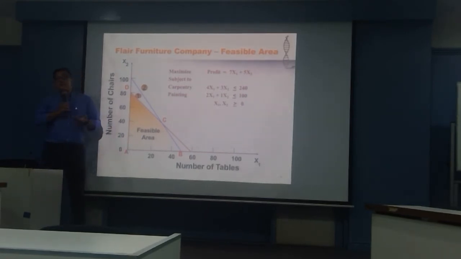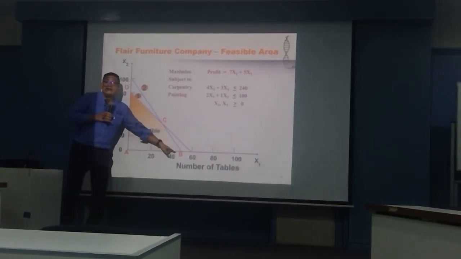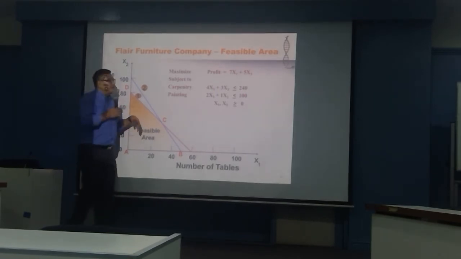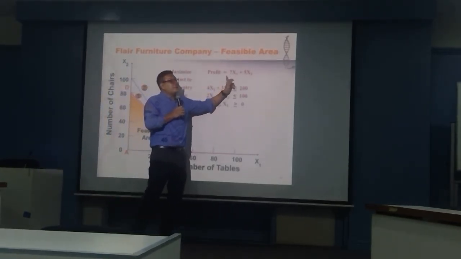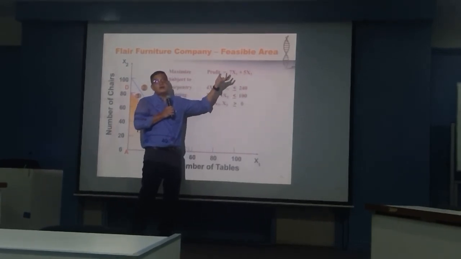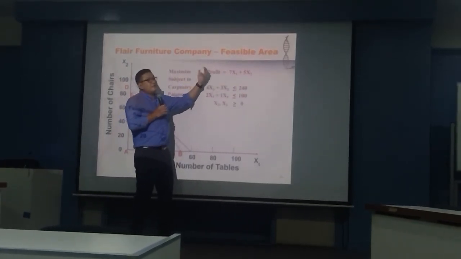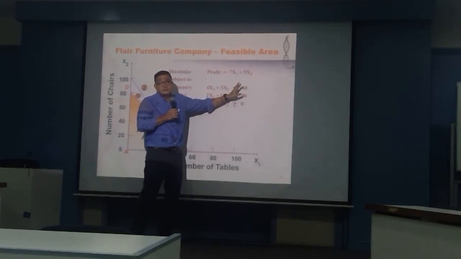So when we apply the corner point approach, we try to find the coordinates of each corner point of the feasible area, and then substitute those coordinates into the objective function, and see which corner point provides the maximum or the minimum value that you want.